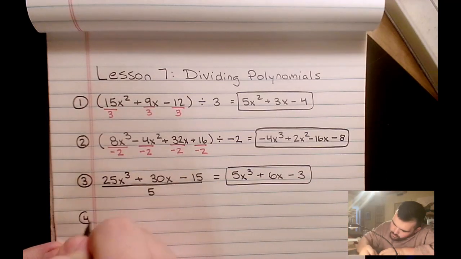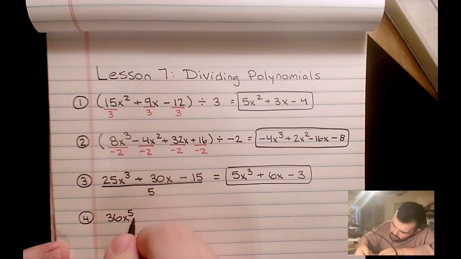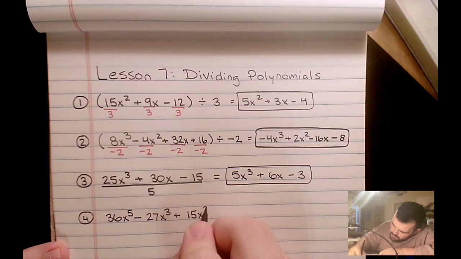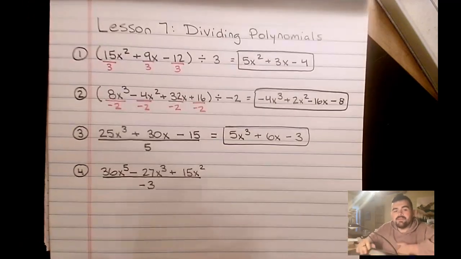So just to make sure we're all on the same page, try number 4: 36x to the 5th minus 27x cubed plus 15x squared, all divided by negative 3.